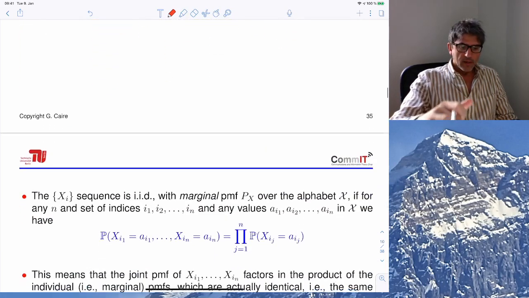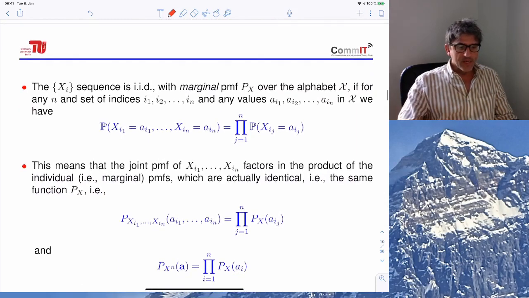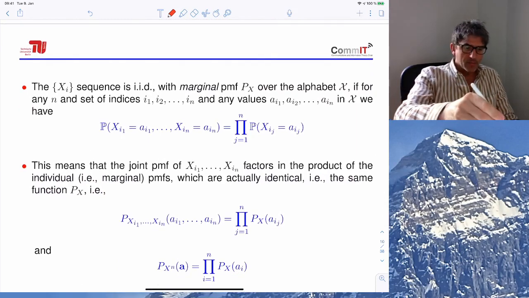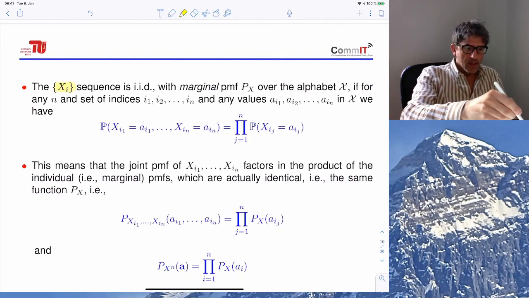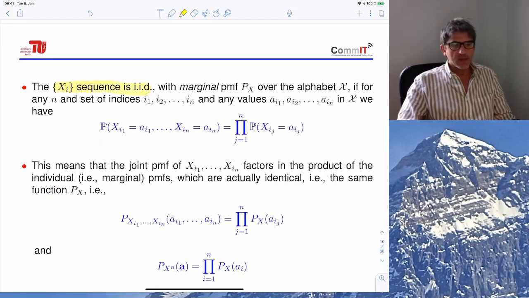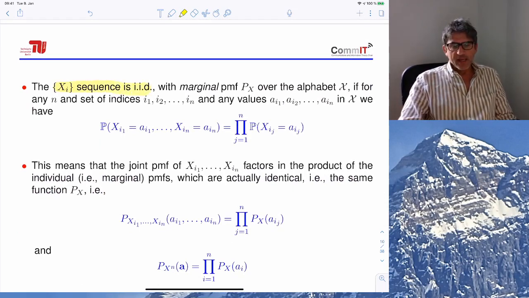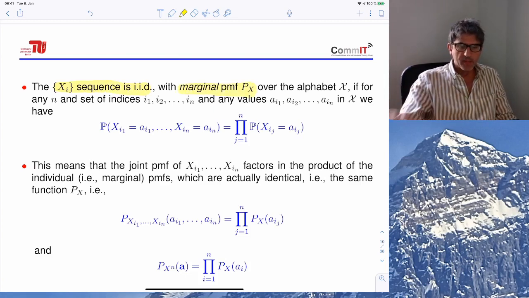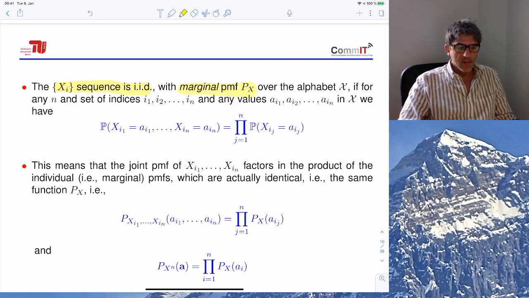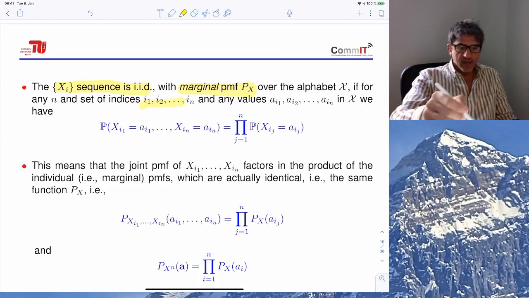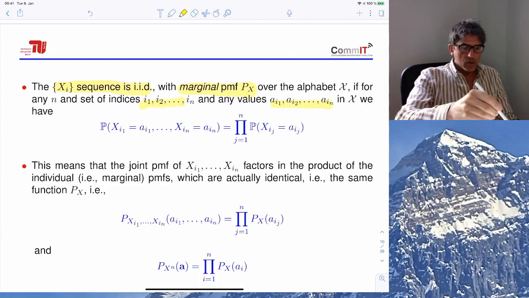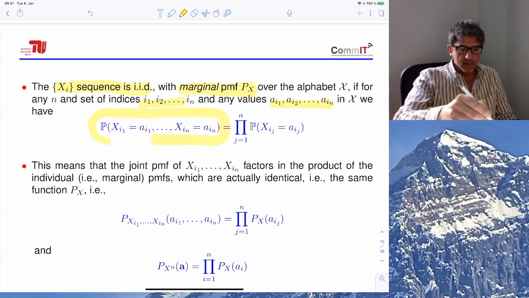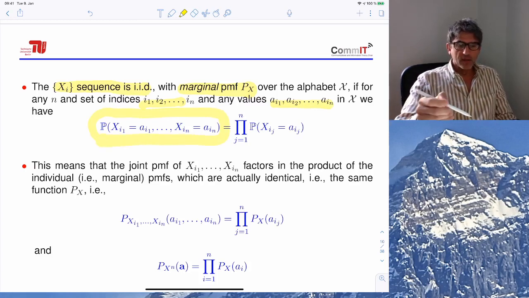Okay? Now, the random sequence is called IID, which means independent and identically distributed with a certain common marginal probability mass function P sub X, if for any set of indices and any set of values, the joint probability factors into the product of the individual probabilities.